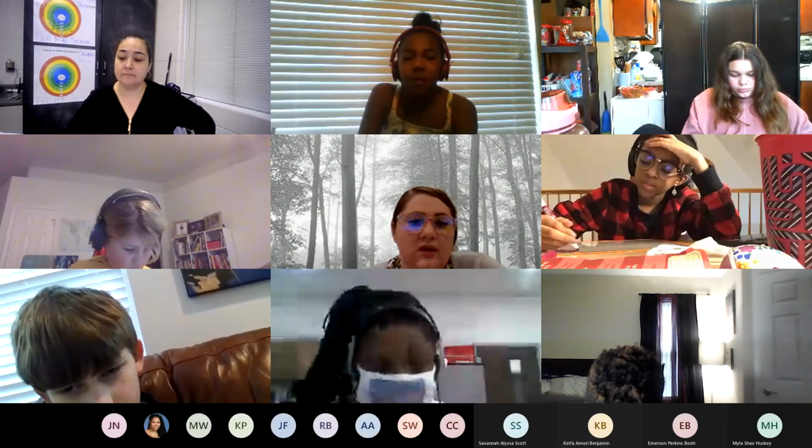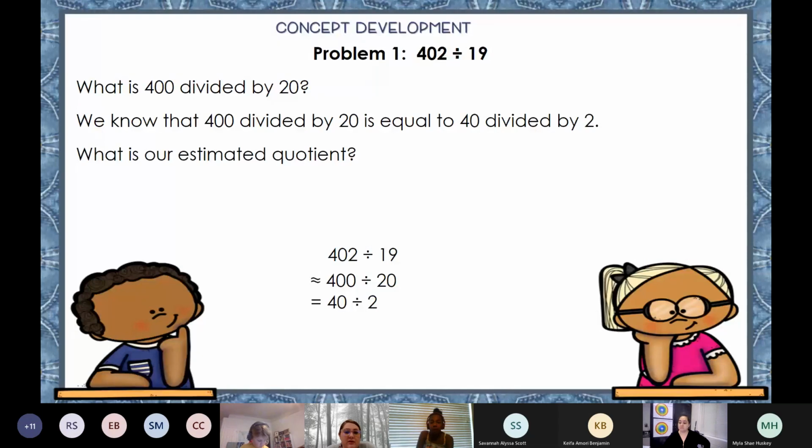Another way to think about that is if you think about how many tens they have, 400 is the same as 40 tens, and 20 is the same as 2 tens. So that's kind of like thinking the same thing. 40 divided by 2, or 40 tens divided by 2 tens. You just told us that 2 goes into 4 2 times, right?